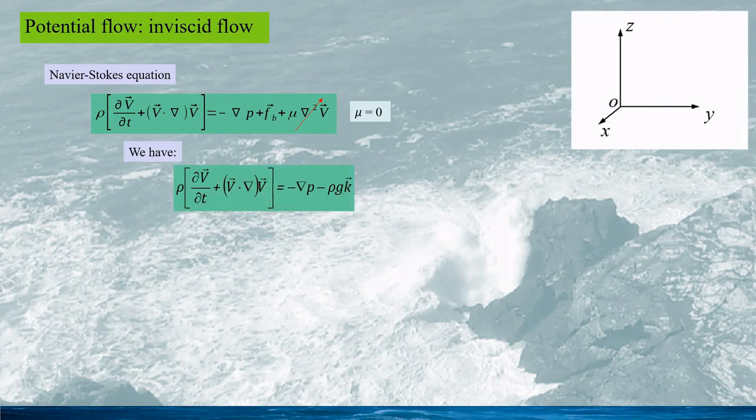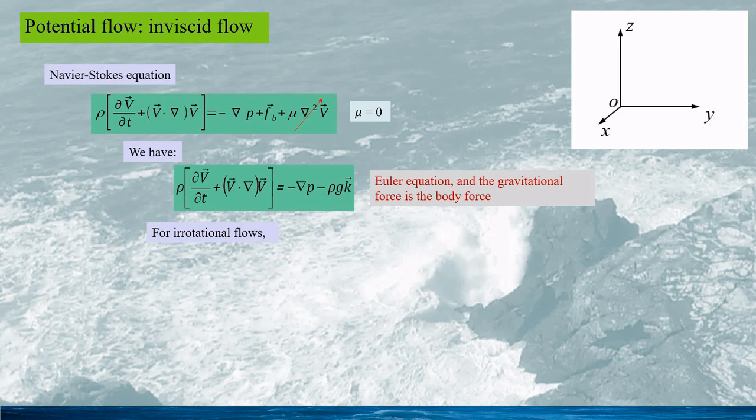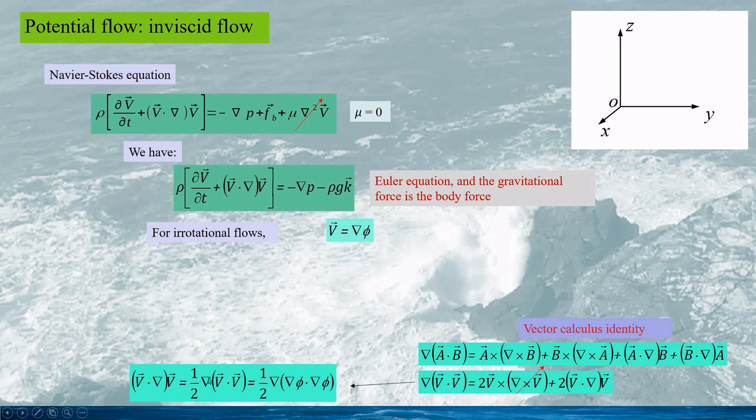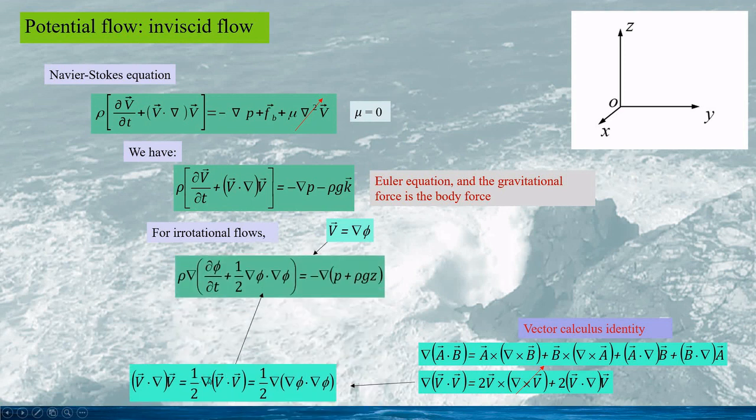If we take the body force as the fluid gravitational force, for irrotational flows, we can use the velocity potential function to replace the velocity and use the vector calculus identity here, and we have this and this. So putting all this together, we will have an equation as this.